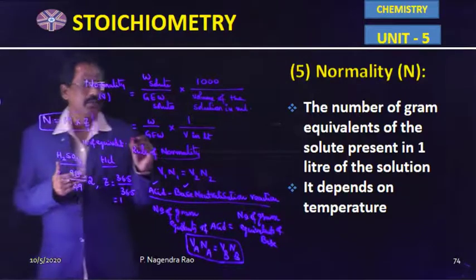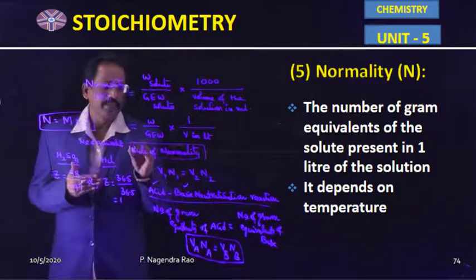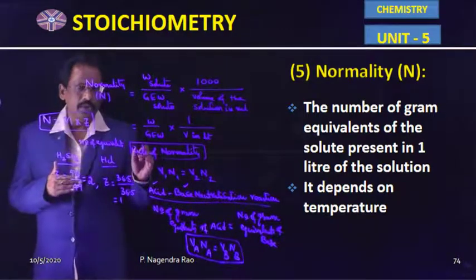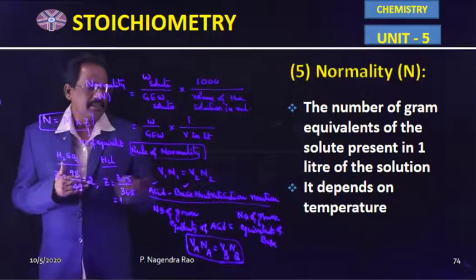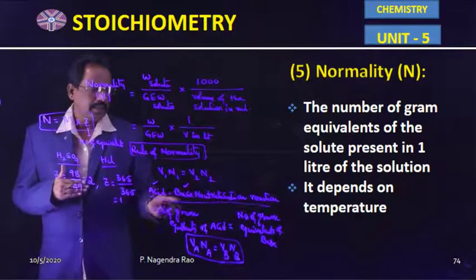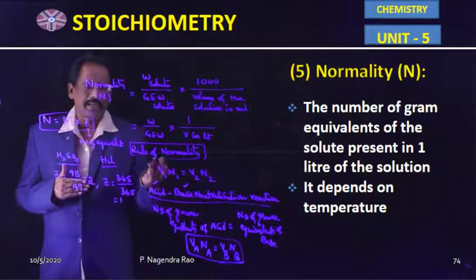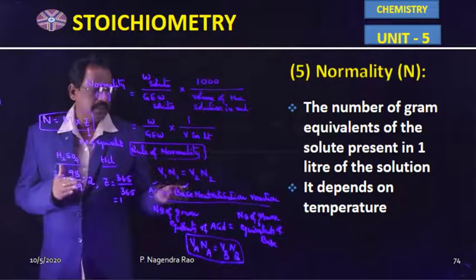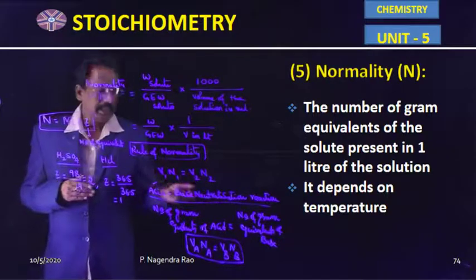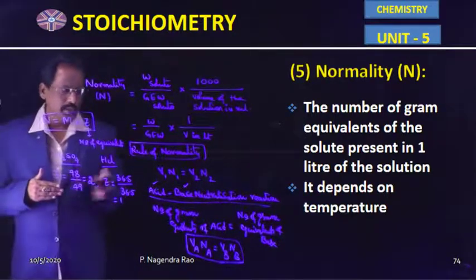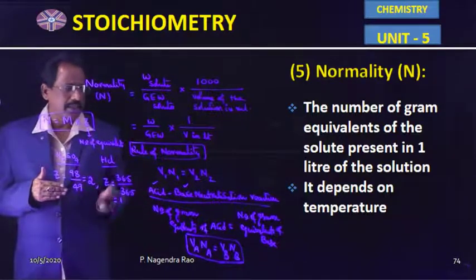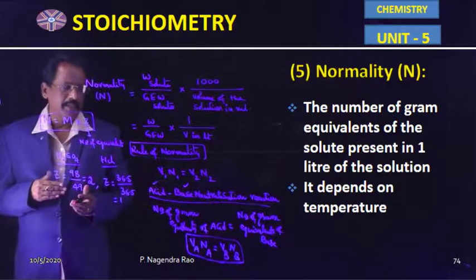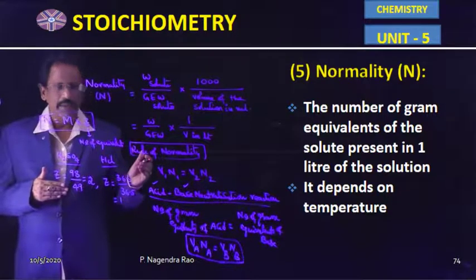So according to rule of normality for dilute solutions, V1 N1 is equal to V2 N2. For any acid-base neutralization reaction, number of gram equivalents of that acid should be equal to number of gram equivalents of that base. So the formula is VA NA is equal to VB NB, where VA NA are volume and normality of the given acid and VB NB are the volume and normality of the given base.